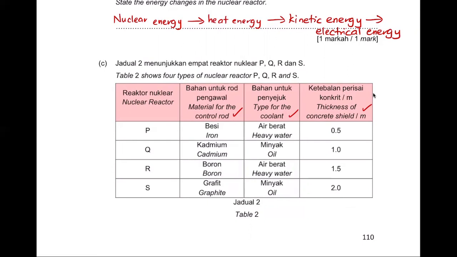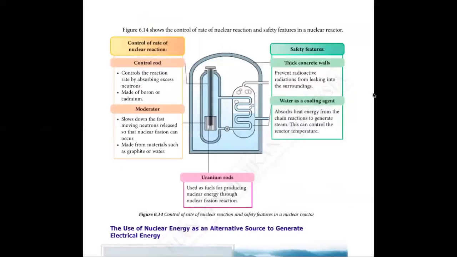So firstly, material for the control rod. If you refer back to your textbook, page 216 in Physics Form 5, the control rod, as you can see here, is made of boron or cadmium.